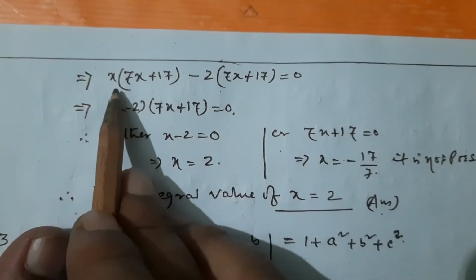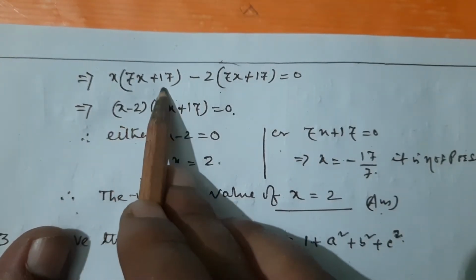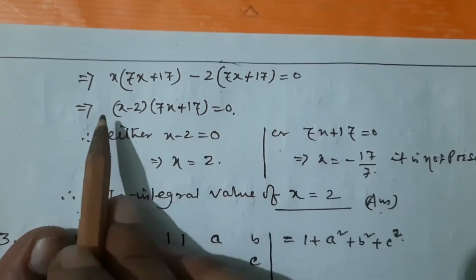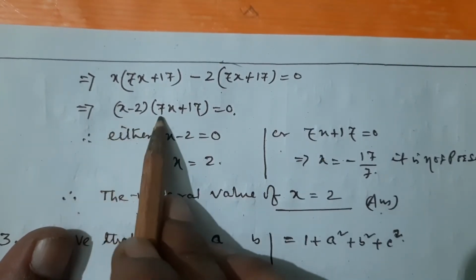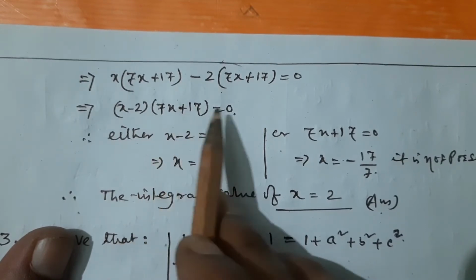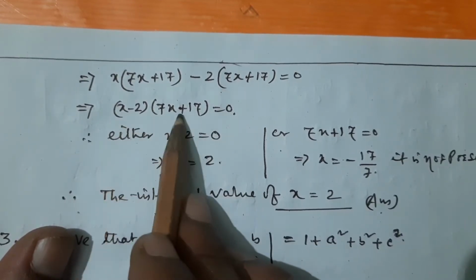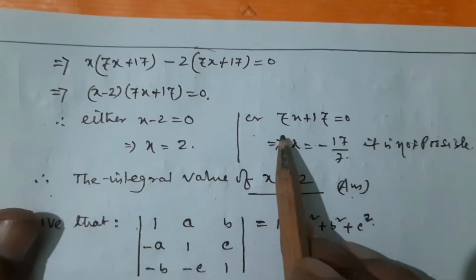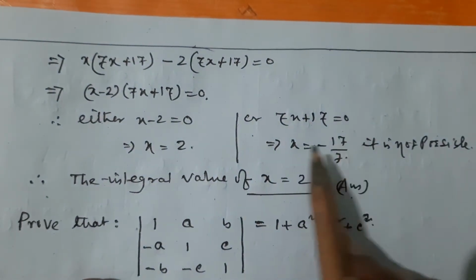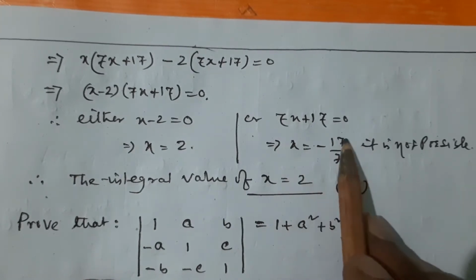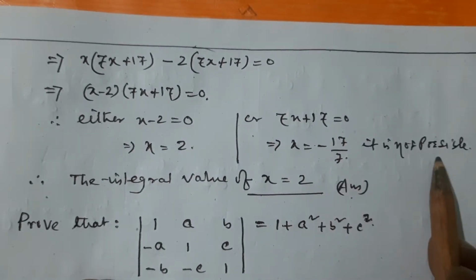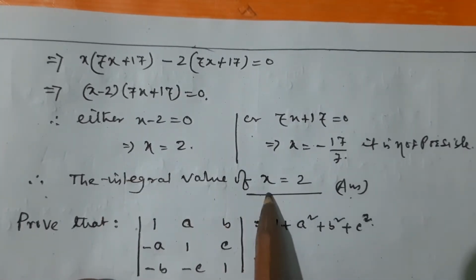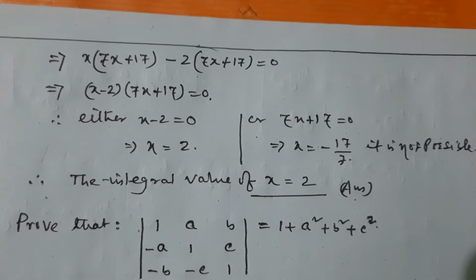This implies that x into 7x plus 17, minus 2 into 7x plus 17, equals 0. This implies that x minus 2 into 7x plus 17 equals 0. Product of the two factors equals 0. Either x minus 2 equals 0 or 7x plus 17 equals 0. This implies that x equals minus 17 by 7. It is not possible. Therefore, x equals 2. Therefore, the integral value of x is 2.